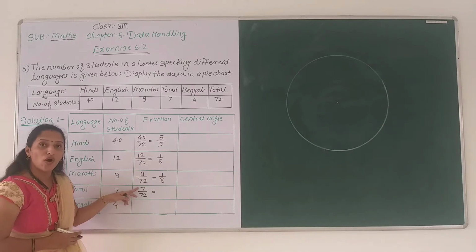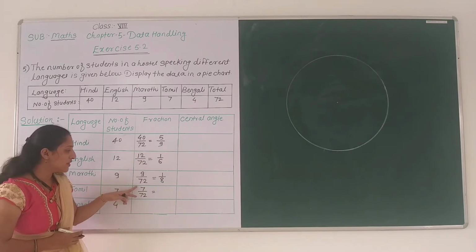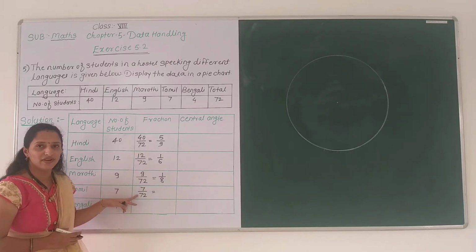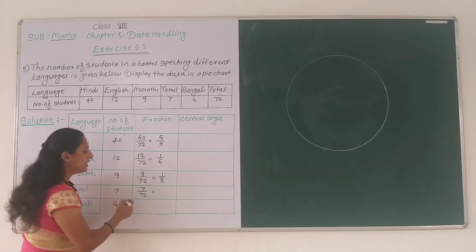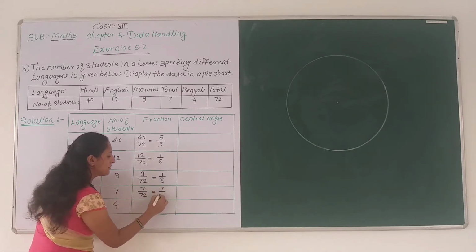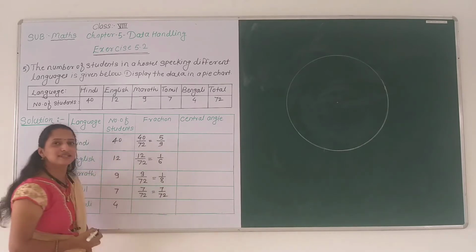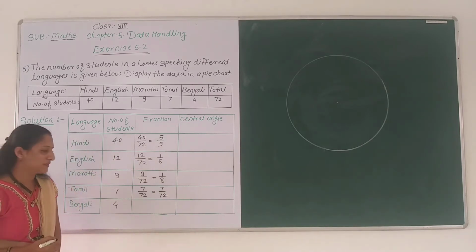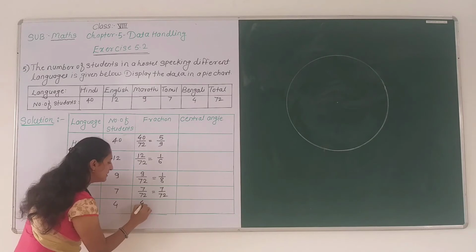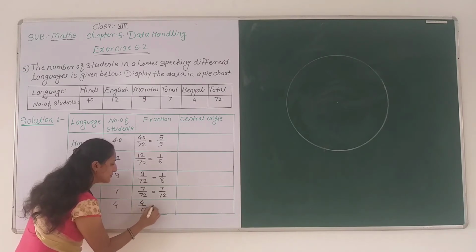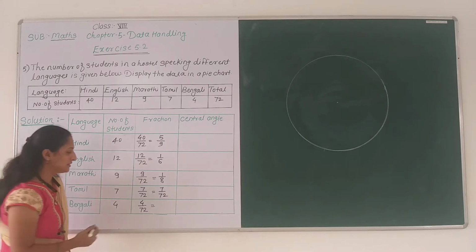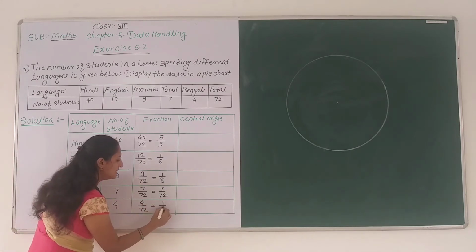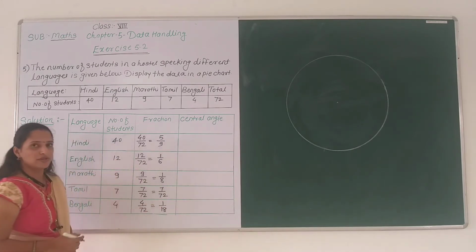Since 7 is an odd number and 72 is an even number, there is no common factor between them. So the fraction 7 upon 72 stays 7 upon 72. Correct? Next one is 4 upon 72. So 4 upon 72 is 1 upon 18, since 18 fours are 72.